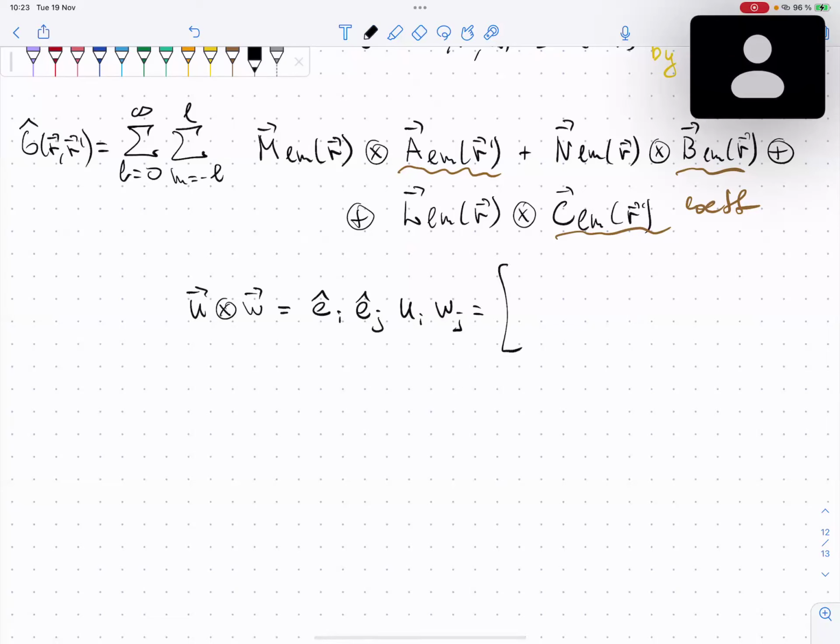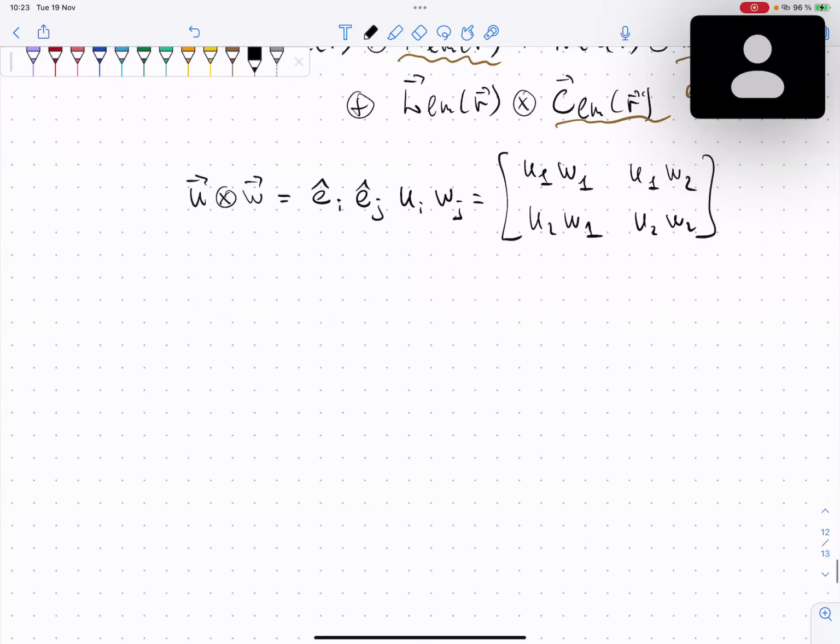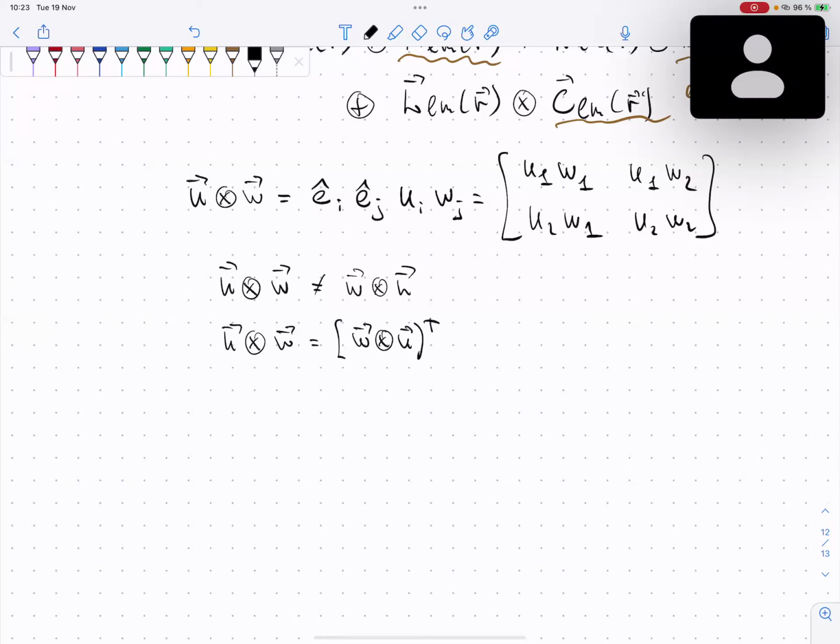So basically it's a matrix. For example, for vectors with two elements: O1 W1, O1 W2, O2 W1, O2 W2. You see that O times W is not equal to W times O. Actually, O times W equals the transpose of W times O. So in this case, order matters.